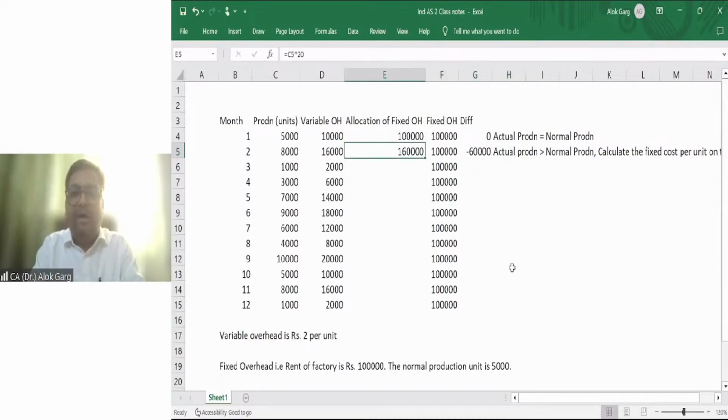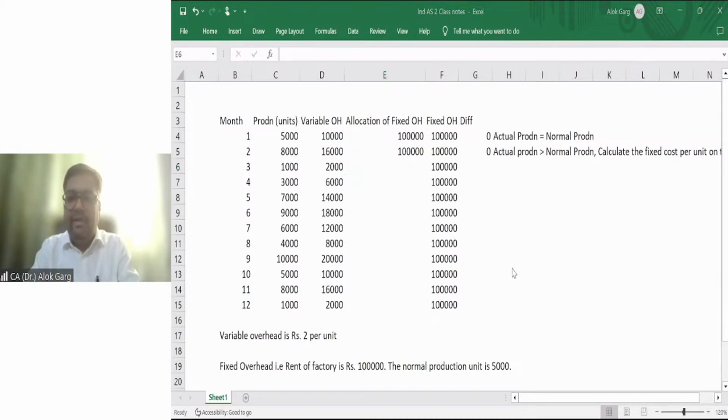So 1 lakh divided by 8,000 comes out how much? It comes out to 12 rupees 50 paisa. This has to be multiplied by 12 rupees 50. Is that clear, friends?